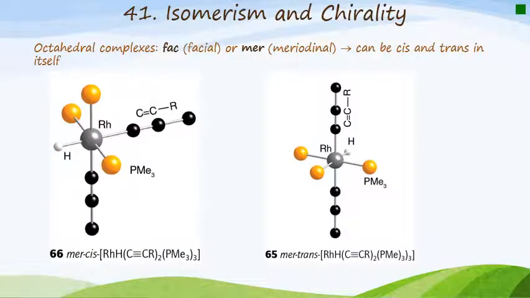Sometimes these FAC and Mer isomers can also be cis and trans to one another. So for example, you can see that if I look at the yellow spheres, this indicates a Mer octahedral isomer, but these black spheres here are cis to one another.